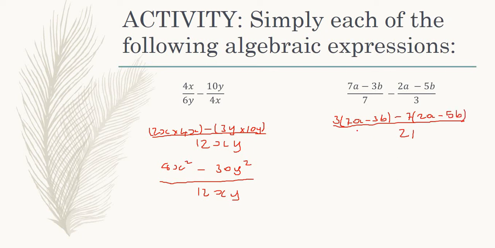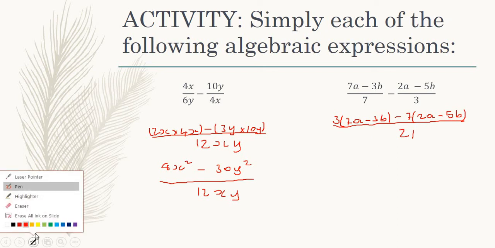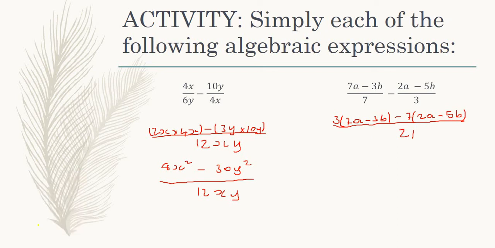At this stage, we have to apply what we call the distributive law, which is to take what's outside of the bracket to multiply each term inside of the bracket. So we're going to take this 3 to multiply the 7a, and we're going to take the 3 to multiply the minus 3b.